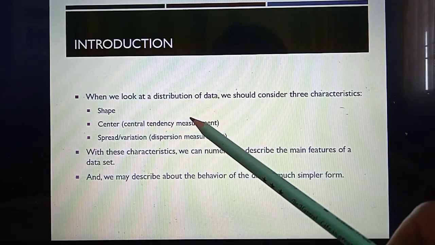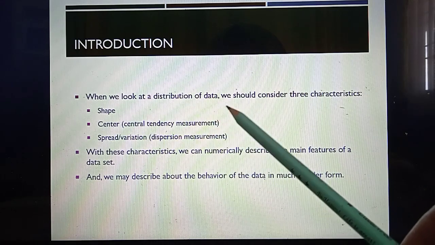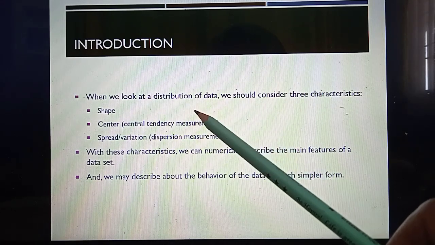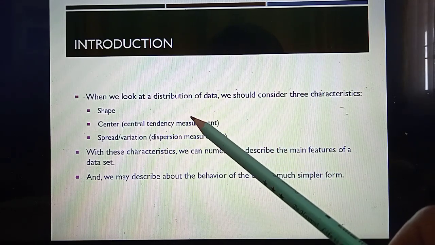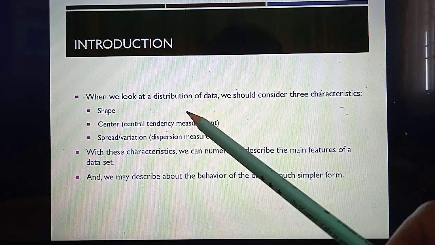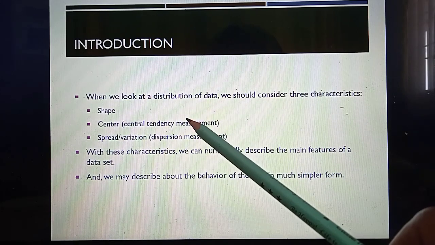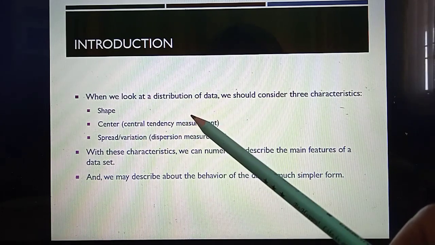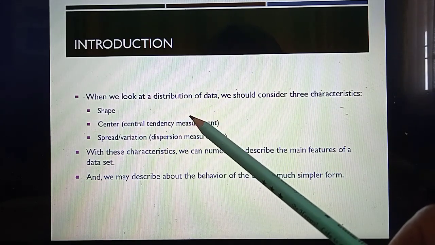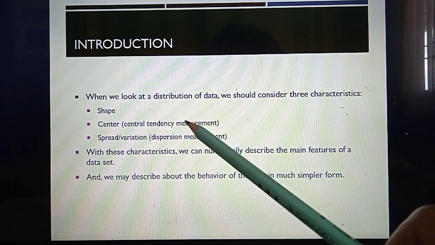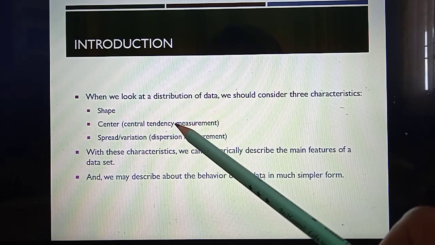Okay, now when we look at a distribution of data, we should consider three characteristics. We have learned in chapter 2 about distribution of data, how data is presented in a histogram form or in other type of graph form. So we will look at the three characteristics.